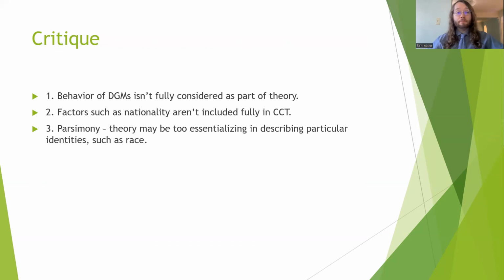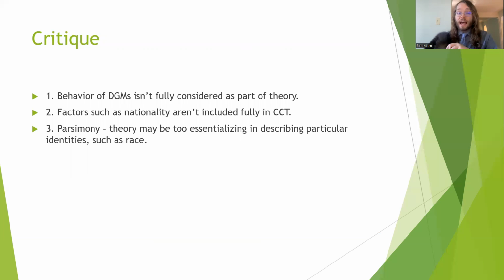This theory has gained some critique, one of them being that dominant group members aren't fully considered in terms of their behavior in the group, that we need to look at how dominant group members behave or act more specifically. Another critique is the idea that some factors, such as nationality, aren't fully included in the theory.